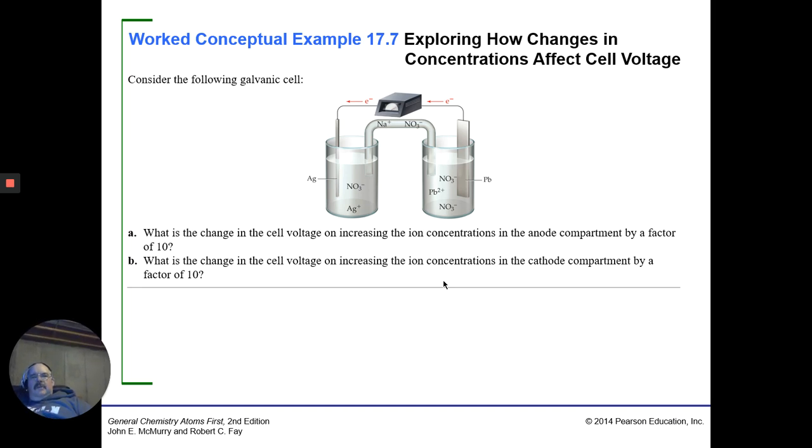Okay, so we've got this galvanic cell with silver and lead. What is the change in the cell voltage on increasing the ion concentration in the anode compartment by a factor of 10?